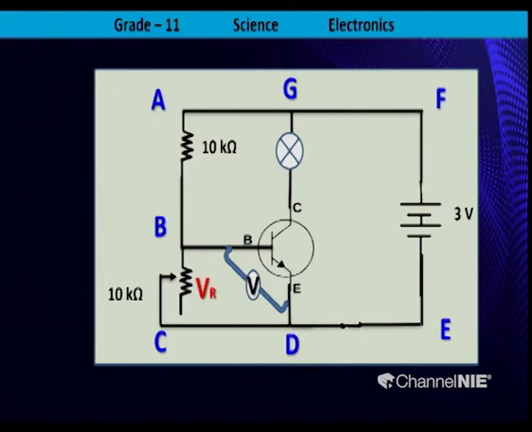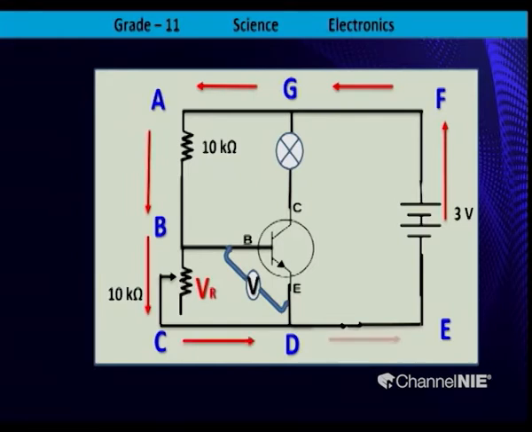When the resistance of VR is very low, current passes through the output circuit from the dry cell to F, F to G, G to A, A to B, B to C through the variable resistor, because resistance is minimum, from C to D and from D to E, and again from E to F through the dry cell. This takes place when the resistance of the variable resistor is very low or minimum.